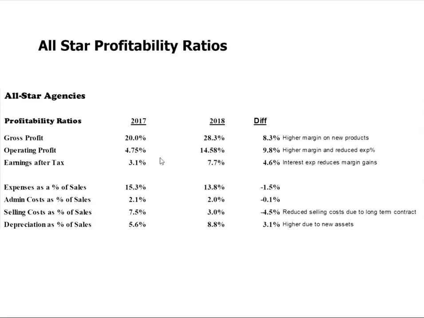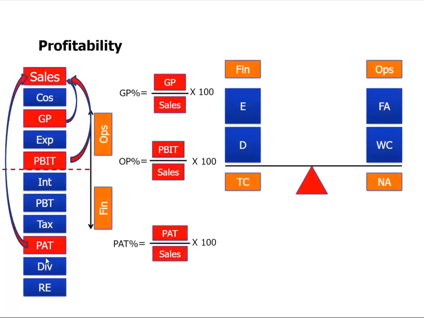The last of the profit margins is the earnings after tax, and here you see the 3.1% became 7.7%. That's great because that's an increase, but this increase is only 4.6%, which suggests we have lost out on some of the gains. And the reason for this is that now when we get down to the bottom of the income statement, we have taken particularly the interest costs into account.